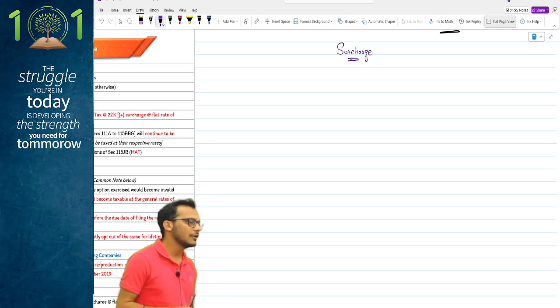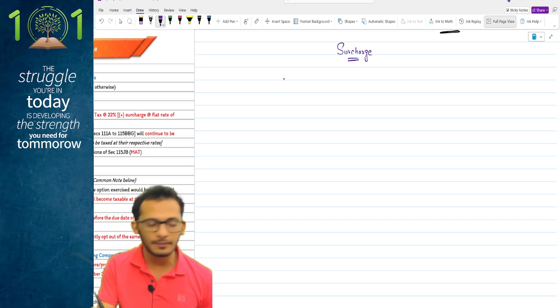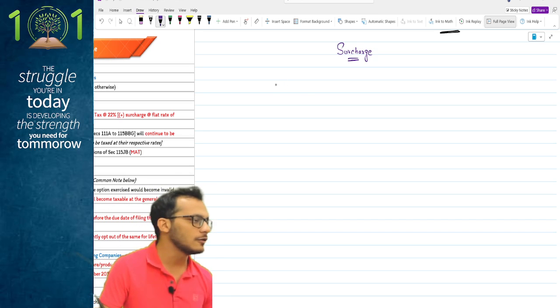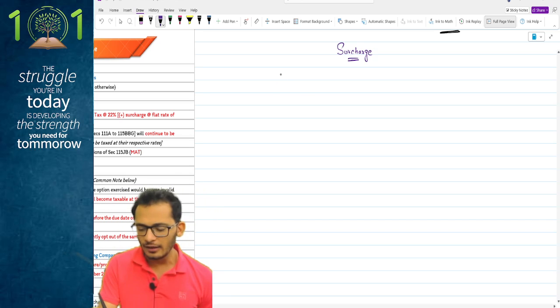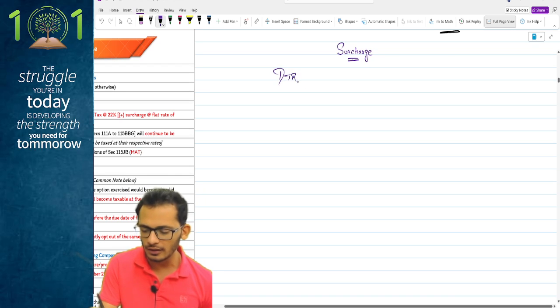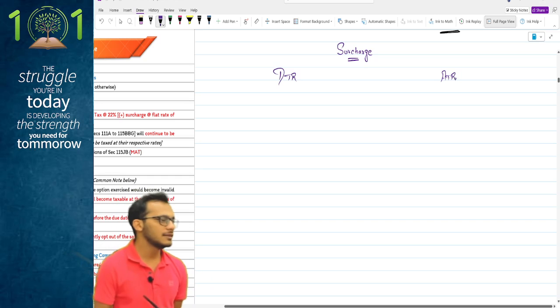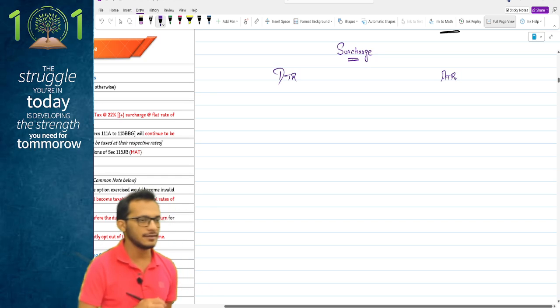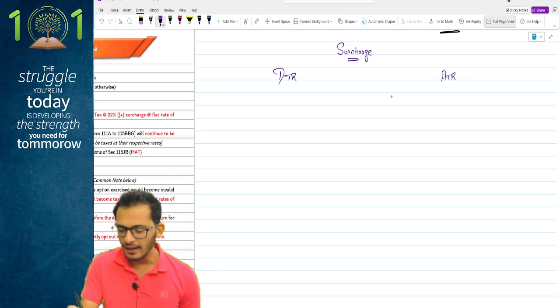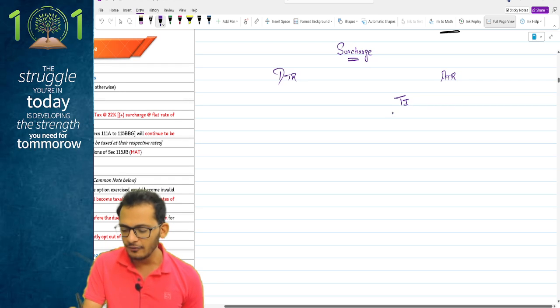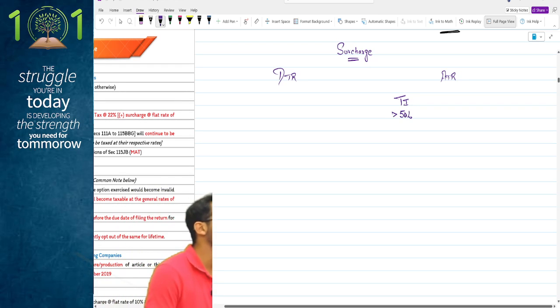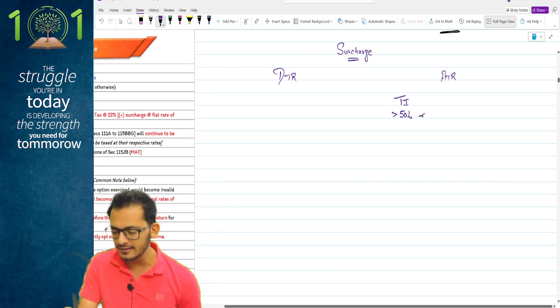Can we go? Income tax comes and says, Rahul, if you are liable for being rich, then you are liable to also pay something called as surcharge. How does it work, Rahul? You have again two regimes. One is called the default tax regime, one is called the alternate tax regime. Income tax comes and says, if you are under the alternate tax regime, I will find you as a rich person if your income is more than 50 lakhs but is less than 1 crore.